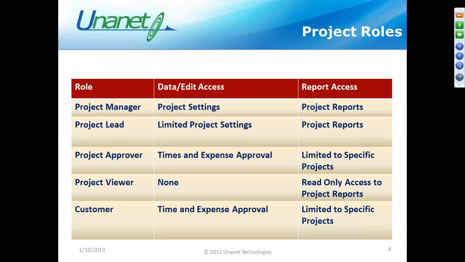The project approver is much like the manager role, and this is tied specifically to the approval of time and expenses, the approval process. Then there's the project viewer role, which is really just read-only access to project reports, like the people viewer. As we go through the webinar, take notes of any reports or possible reporting options that you haven't seen or executed before, and be aware that the information you can view is based on your roles, org access, and project roles.